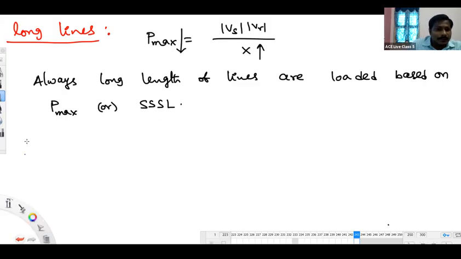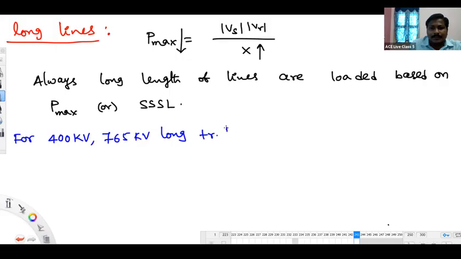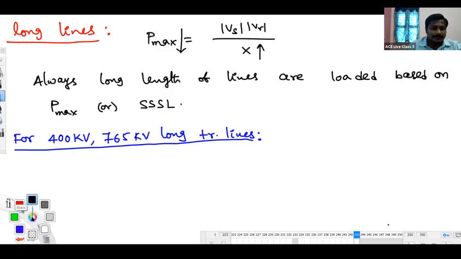For 400 kV and 765 kV long transmission lines, this is a small heading I am considering. Kindly observe this.